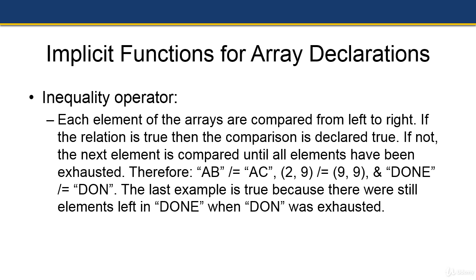AB is not equal to AC because A and A are equal, but we move on to the next one and B and C are not equal. 2, 9 is not equal to 9, 9 because 2 is not equal to 9. And DONE is not equal to DON. The last example here is true because there were still elements left in DONE when DON was exhausted.